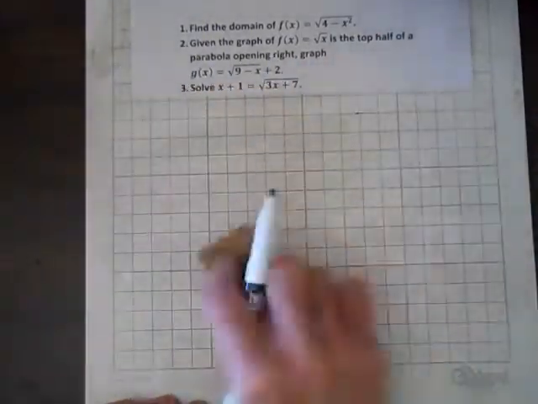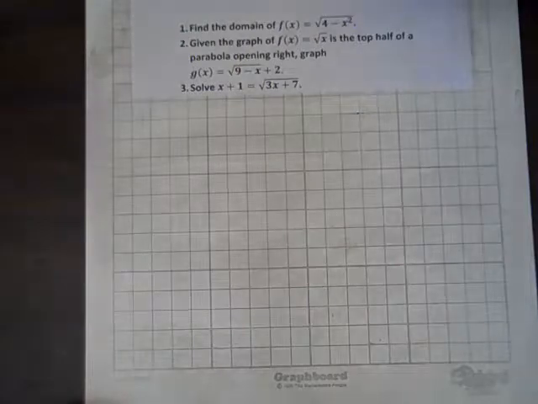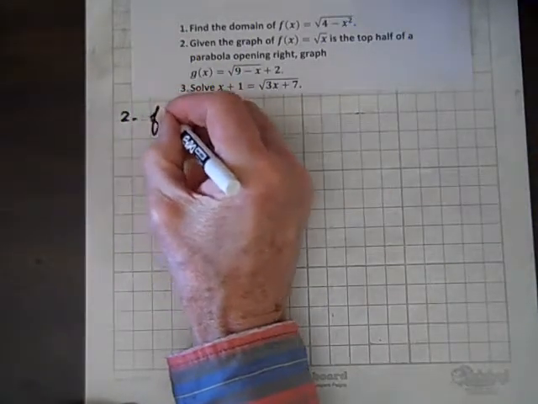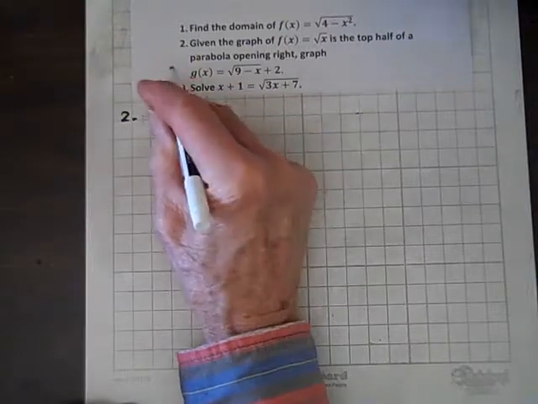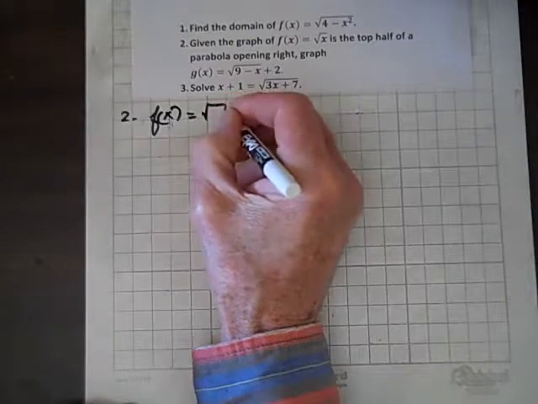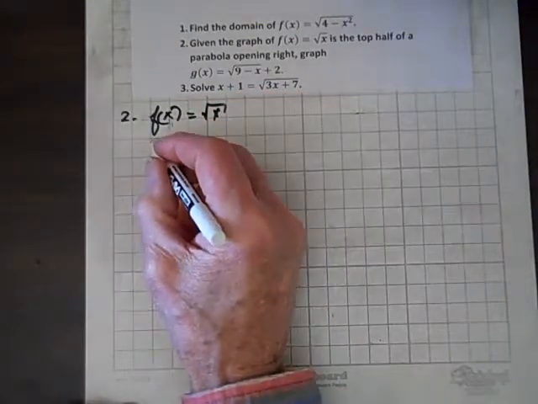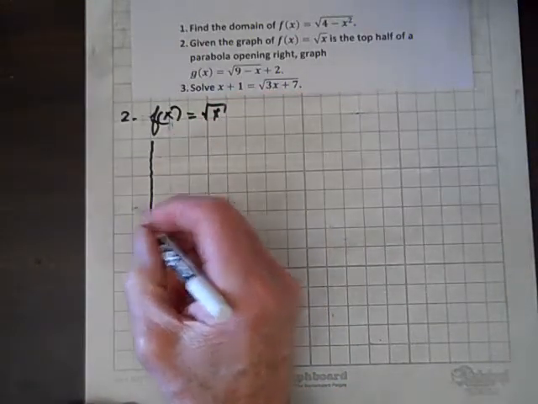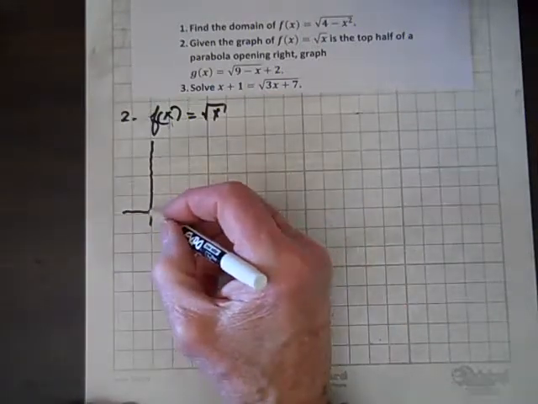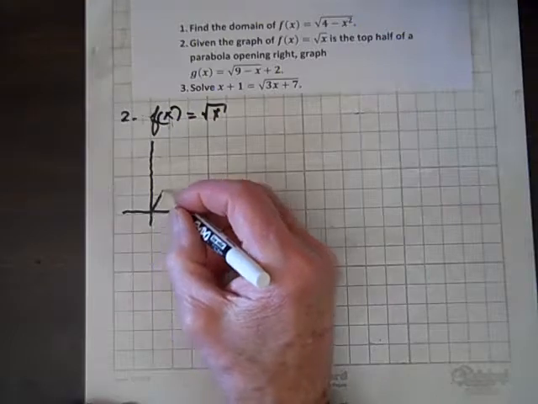Question 2 says, given that we know what the graph of f of x equals root x looks like, and just as a reminder, it's the top half of a parabola that opens to the right.